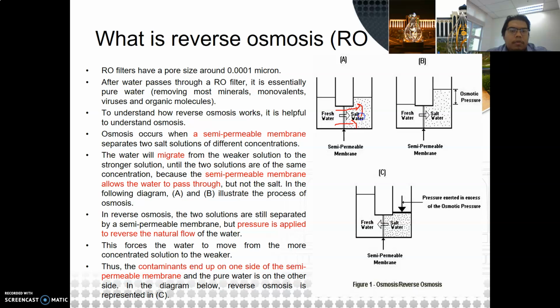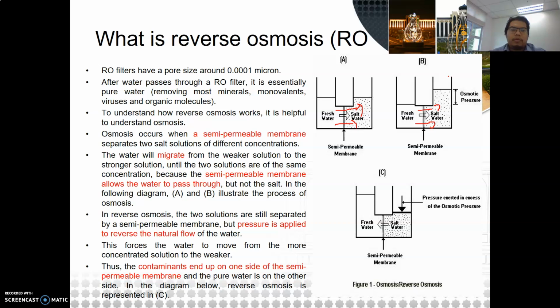You can see that the volume of water here will decrease a little bit because the water is moving to our right hand side, so the volume here increases. So this is what we call osmosis.